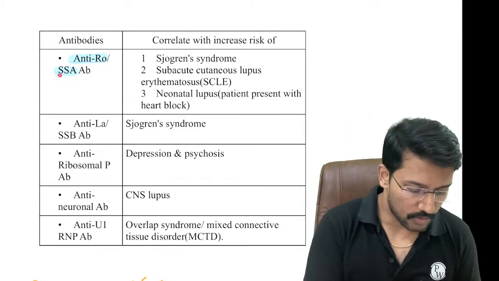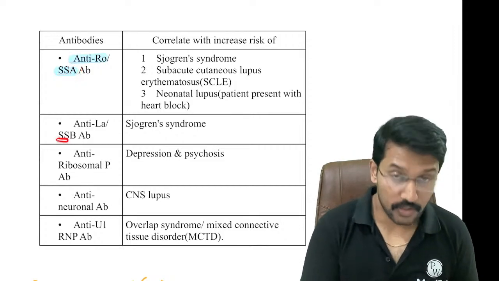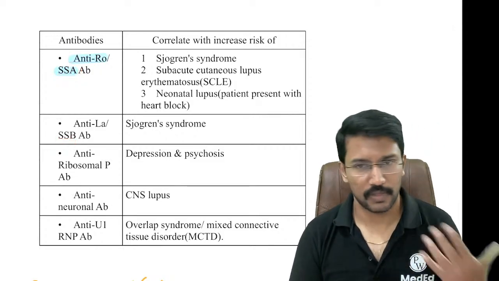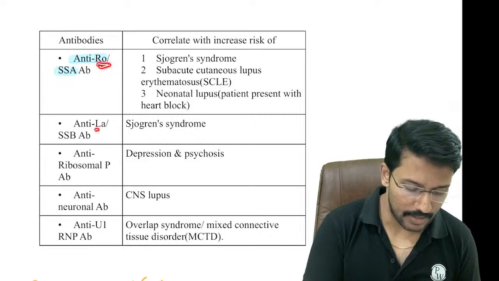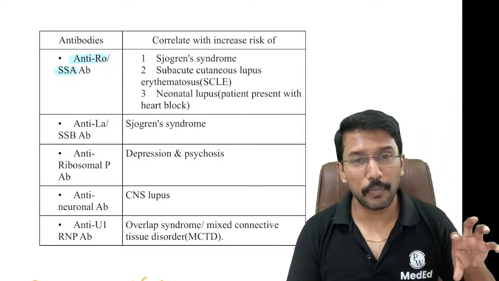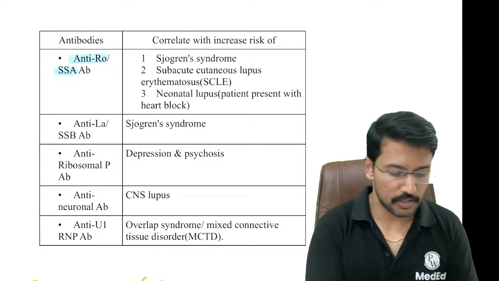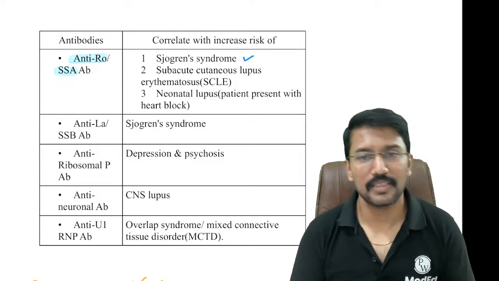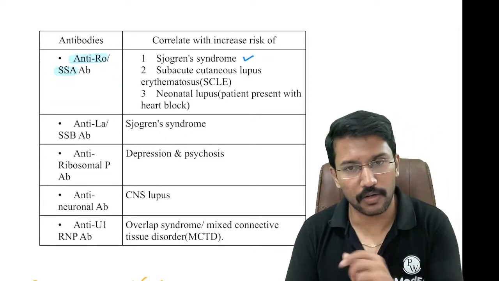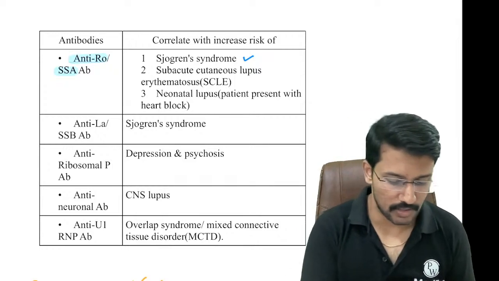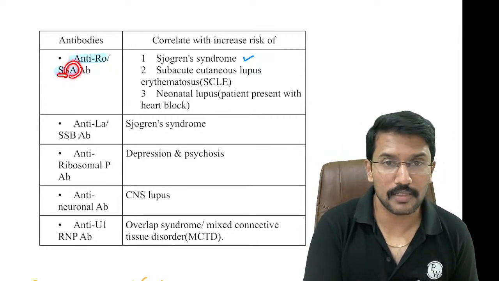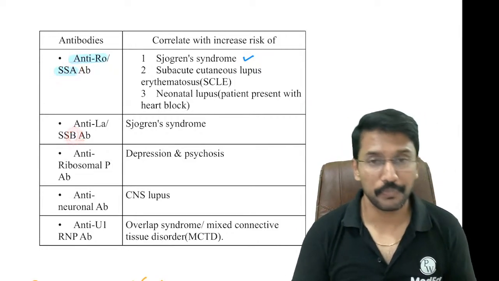So Sjögren syndrome A antibody, Sjögren syndrome B antibody. These are also called Ro antibody and La antibody. So if a patient with SLE develops these antibodies, his risk of developing Sjögren syndrome increases. Easy to remember because the name of the antibody itself is Sjögren syndrome A, Sjögren syndrome B.